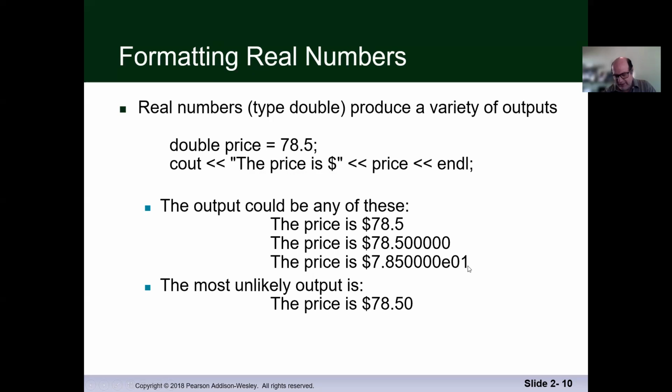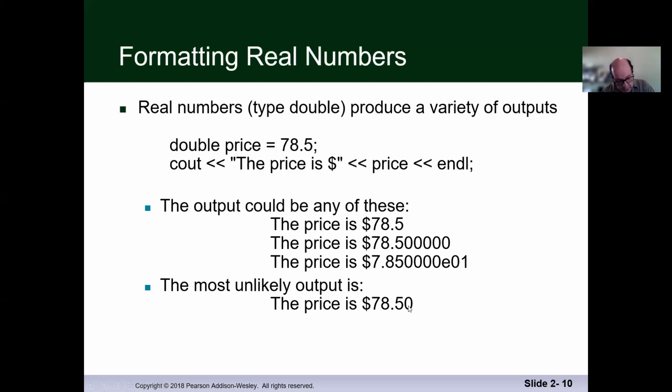E01 is the same as 10 to the power of 1. So that means this is 78.5. So E is scientific notation, just like in math, where you have 10 to the power of something. So it's barely going to show me 78.50. Now we've got to figure out a way to do this.